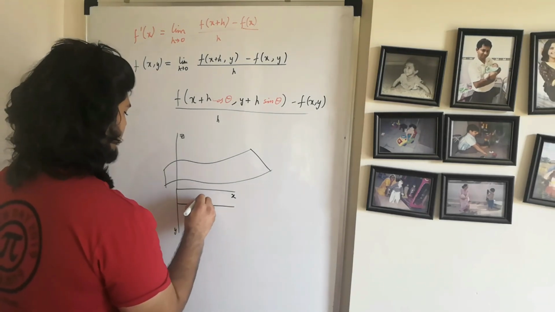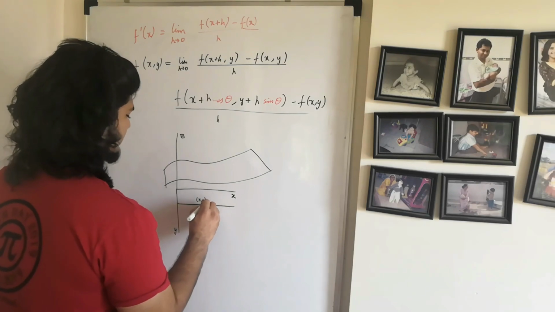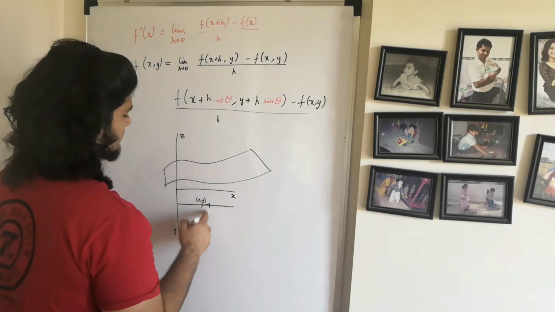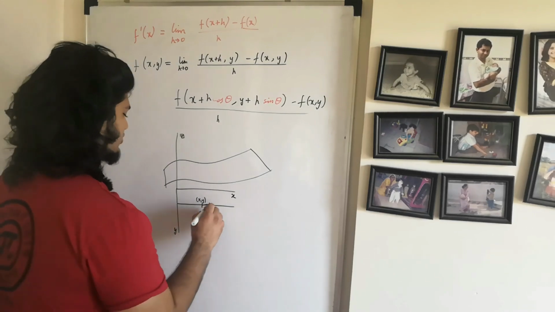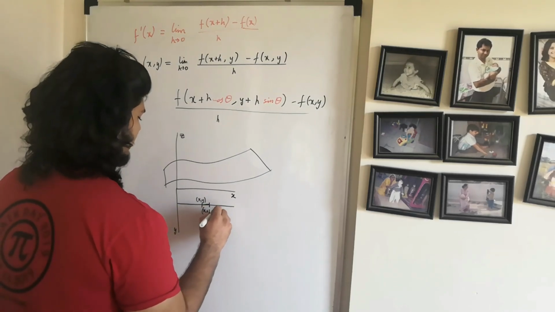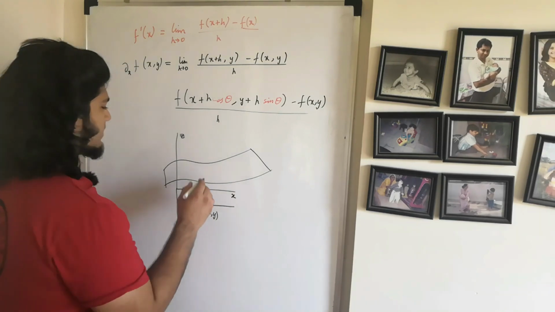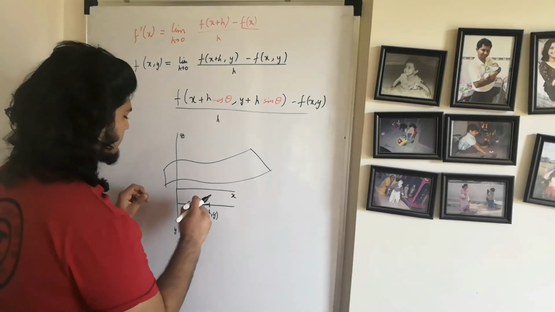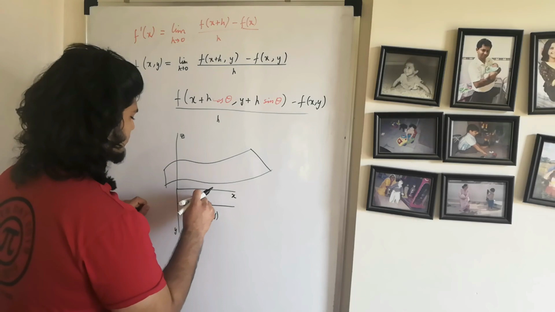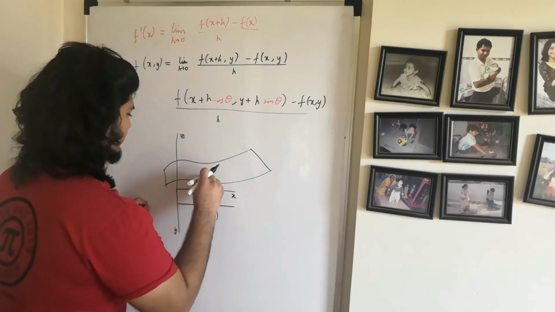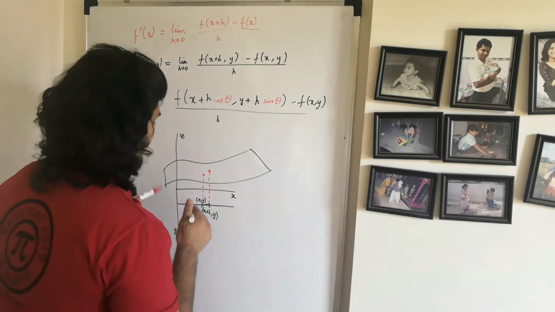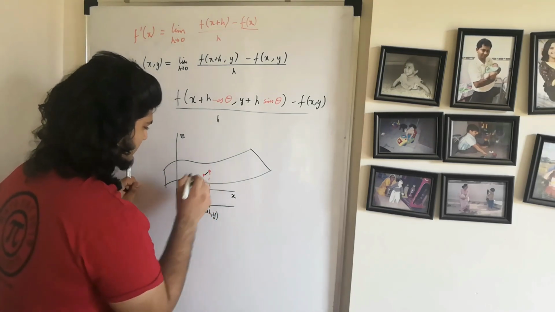So let's say this was a point x comma y, and then it takes it a bit to the right by x plus h, by h. So this point now becomes x plus h comma y, and then let's say x comma y maps to this point on this surface, and x plus h maps to this point on the surface, and there will be a certain difference in z created.